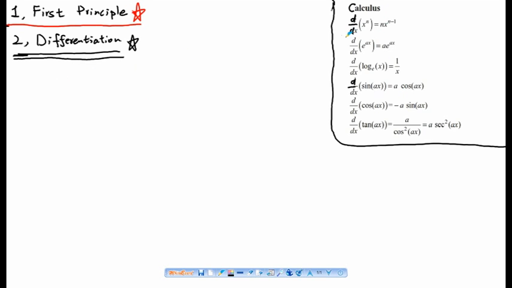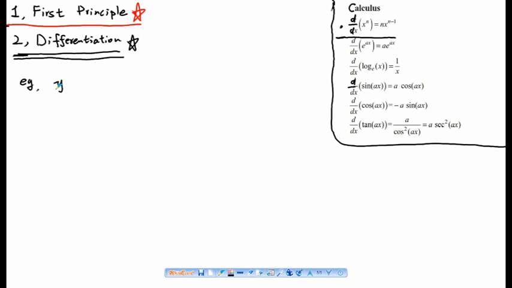Now let's start with the first formula here. I will do an example for you.